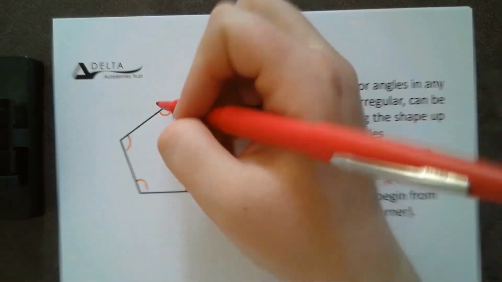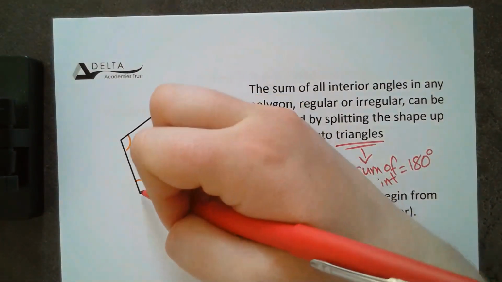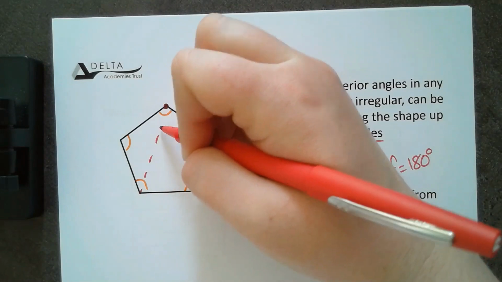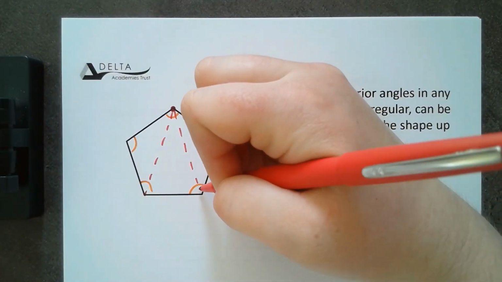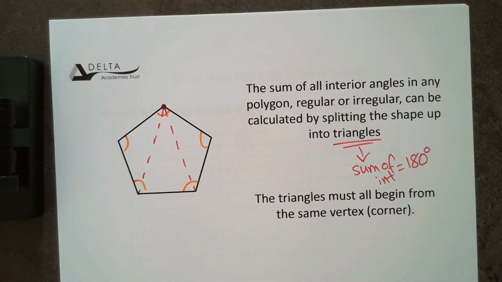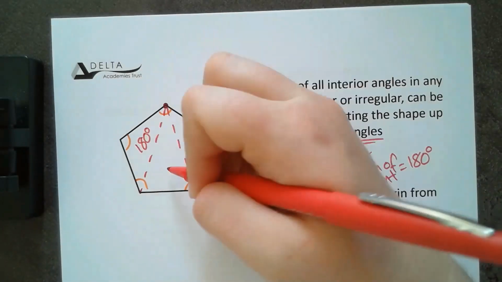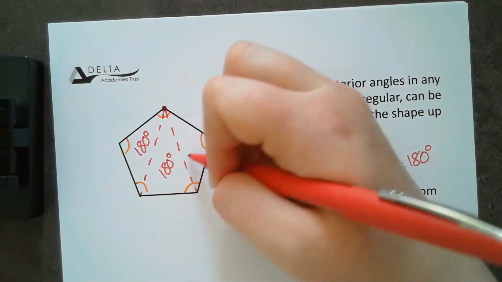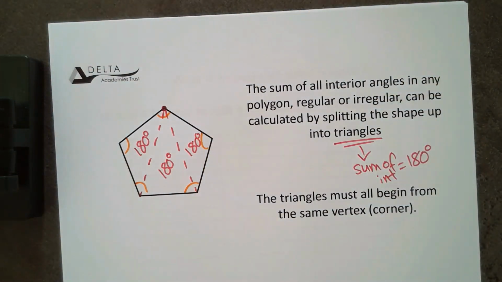So I'm going to pick a vertex to start at, it doesn't really matter where that is, and I'm going to draw straight lines from that vertex to any of the others that don't already have them. And I've split this into 3 different triangles. So I've got 180 degrees here, 180 degrees here, and 180 degrees here.